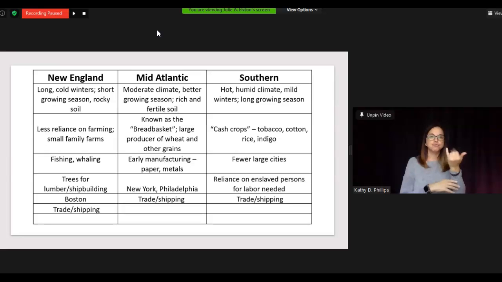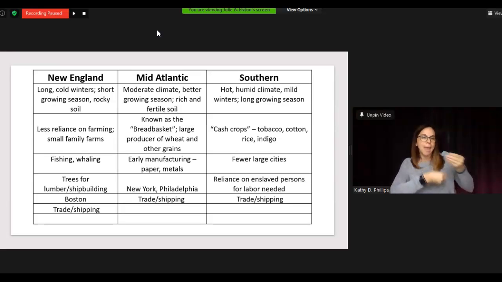And so this is the region that is feeding the other two regions. They had other economic activities as well. They were the most diverse of the three regions. And they had some manufacturing, there were paper mills, metalworks, those types of things. We also see in New York City and Philadelphia a lot of trade and shipping as well.